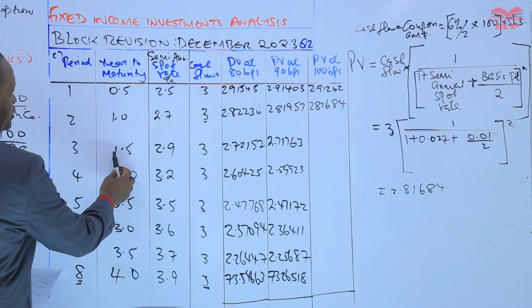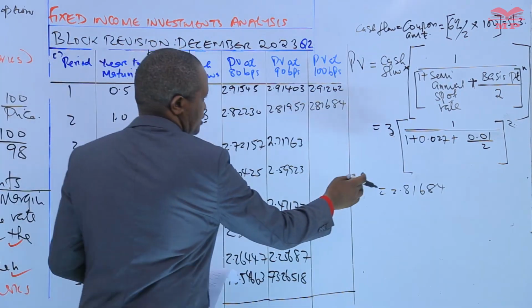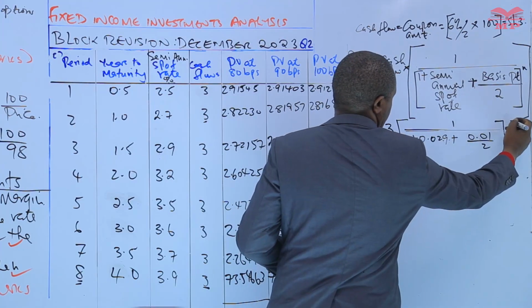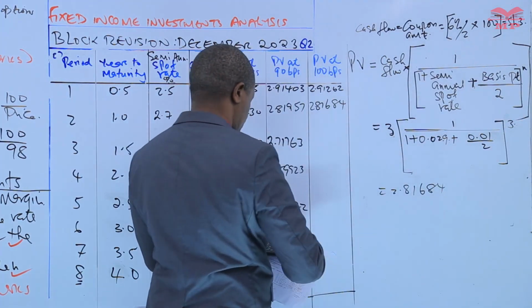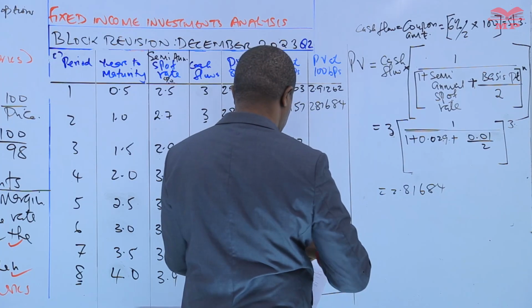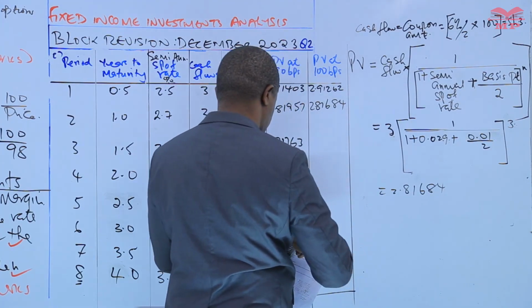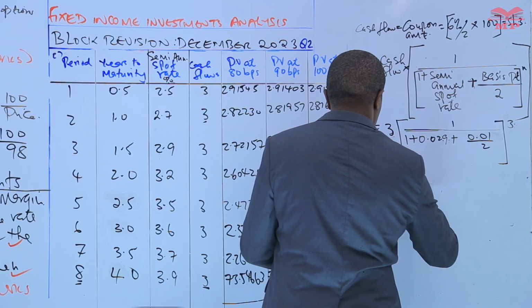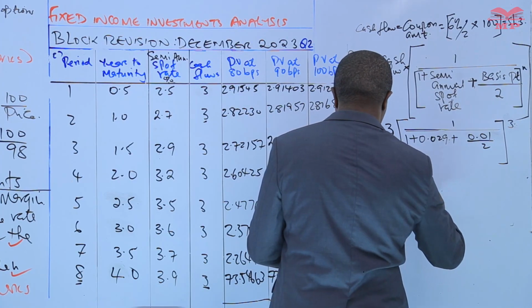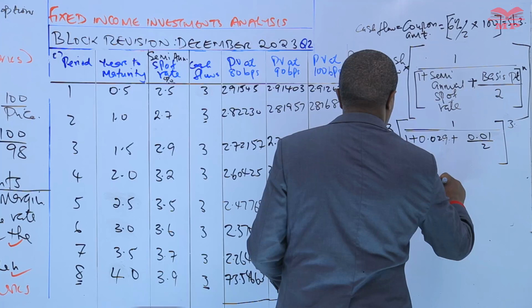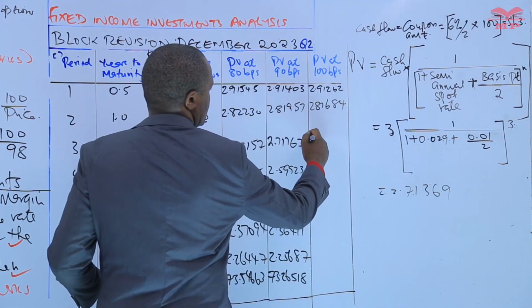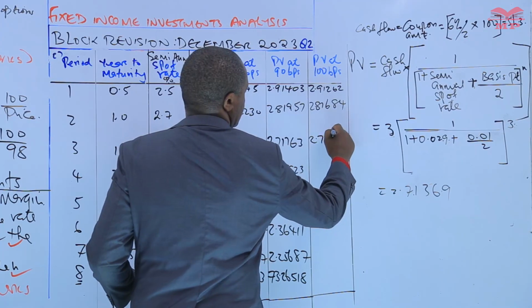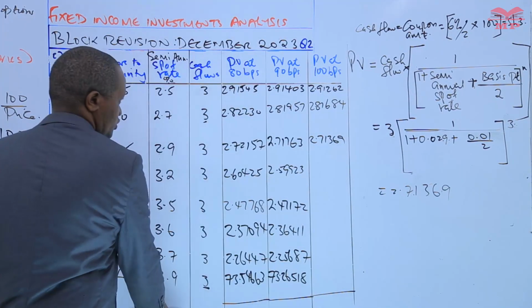The third period, 2.9. We change here, and we raise to 3 periods. We calculate to get 2.71369.